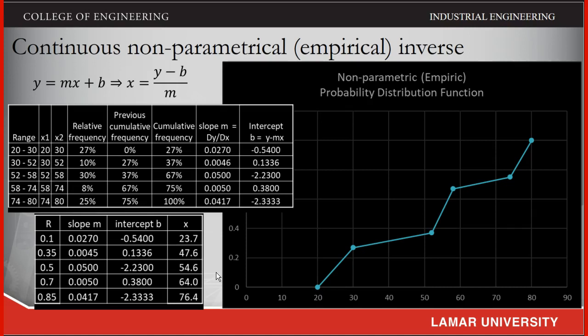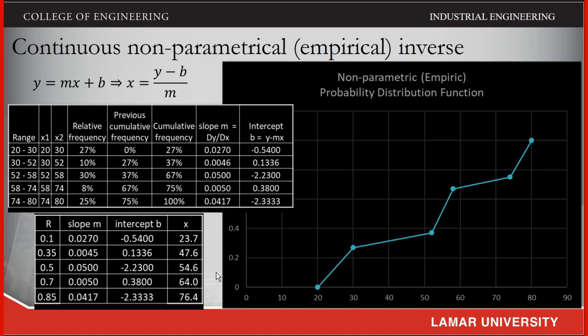In a similar fashion, if for the x variable to fall between 52 and 58 the chances are 30%, then 30% added to the 37% prior means that random numbers generated between 0.37 and 0.67 should fall in the range between 52 and 58. And in a similar fashion, we can compute the others.